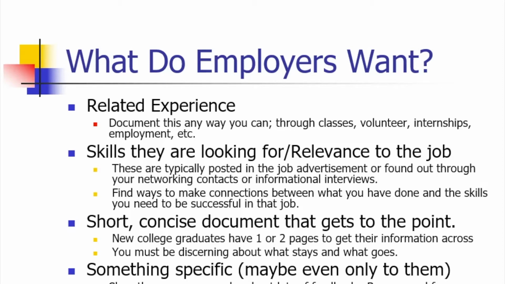So it's going to be important for you to, first of all, identify those patterns and then find ways to make connections between the experience that you have and the skills that you would need to be successful in that job. Sometimes those are easy parallels to make, sometimes they're not. And so it's going to be important for you to think about how the things and experiences and work that you've done before are related to what it is that you would like to do, okay?